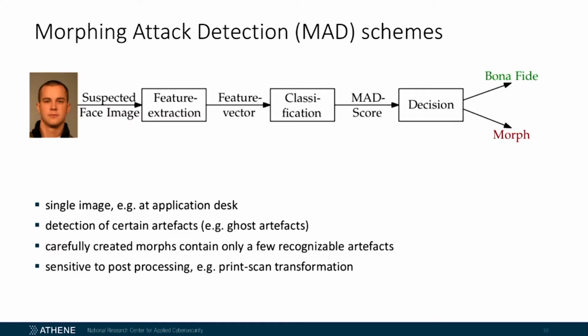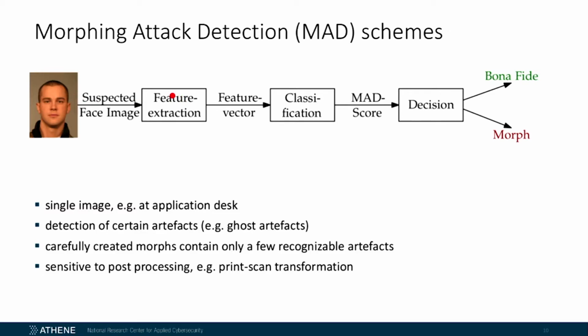In general, we can divide the morphing attack detection methods into two schemes. The first is single image morphing attack detection, where we only have the suspected face image, for example, the image handed over at the application desk during the application process.